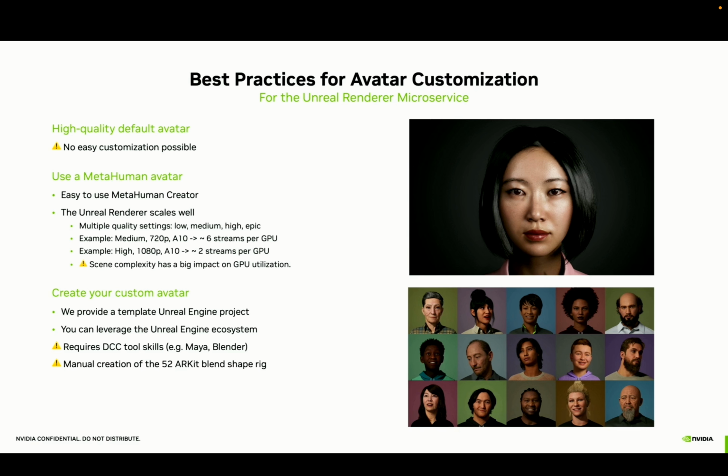Again, there are thousands of tutorials and instructions of how you can customize these scenes. There are, however, some requirements. You will need good digital content creation tool skills like Maya or Blender, and this might be a barrier of entry. And one requirement is also that you will be able to prepare your asset and create the 52 ARKit blend shapes that we currently use.